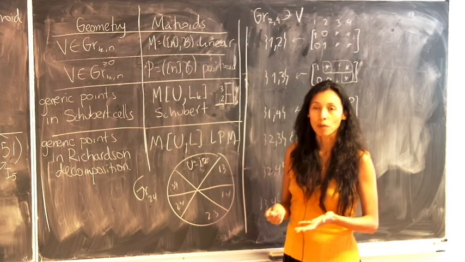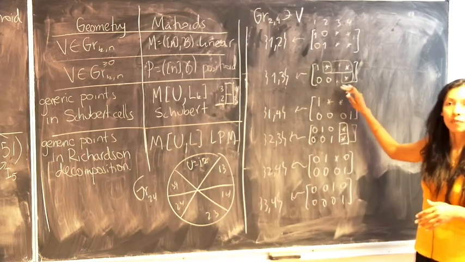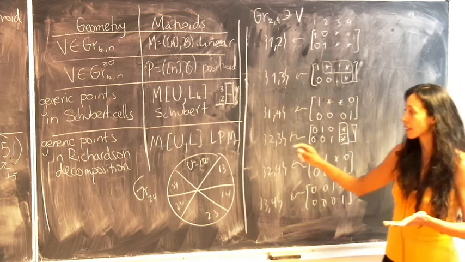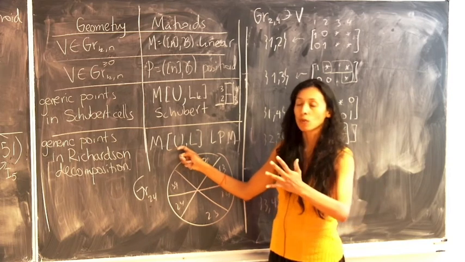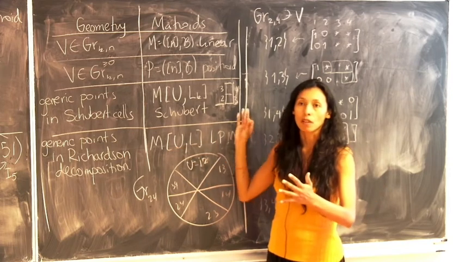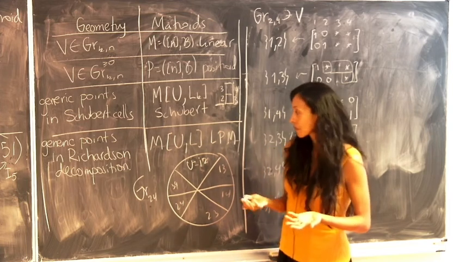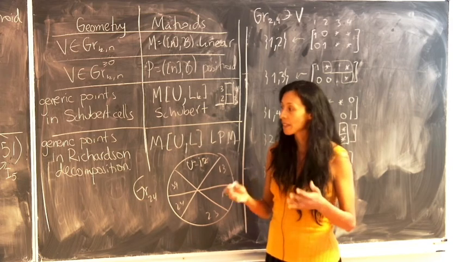So lattice path matrices are matrices that come from the Grassmannian in such a way that U tells you where the pivots are when you look from left to right, and L tells you where the pivots are if you were to do the reverse ordering. And that's also another nice decomposition of the Grassmannian. It has many properties, etc.